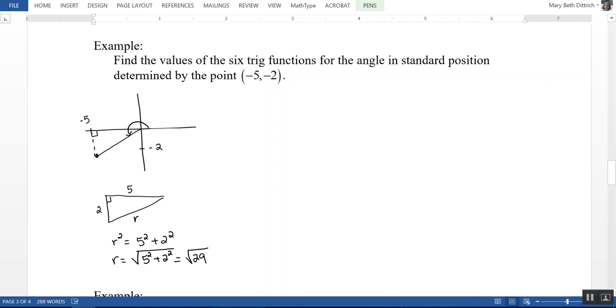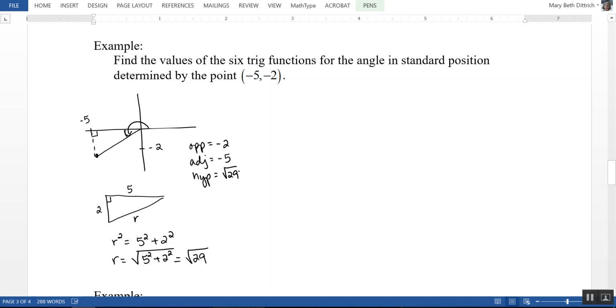Okay, now looking at our triangle here in reference to this angle right here, my opposite side is going to be, even though the length is 2, I'm going to refer to that as -2 since we're in the third quadrant. My adjacent to that angle is going to be a -5, and my hypotenuse I found to be the square root of 29.